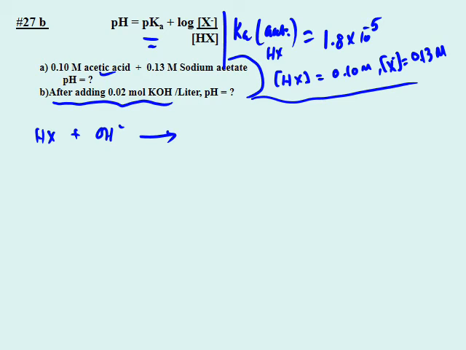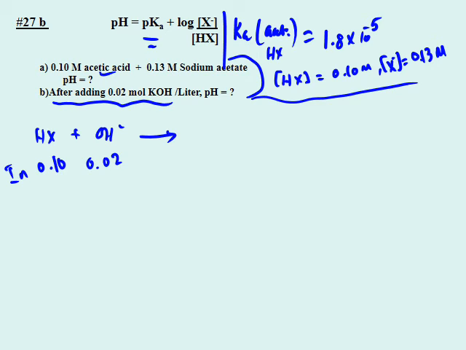We don't worry about K plus because it's not taking part in the reaction. So that's why we're just writing down 0.02. And initial means before you added potassium hydroxide, you had an initial concentration of HX as 0.10, which is the concentration of HX or acetic acid before it had a chance to react with OH minus.